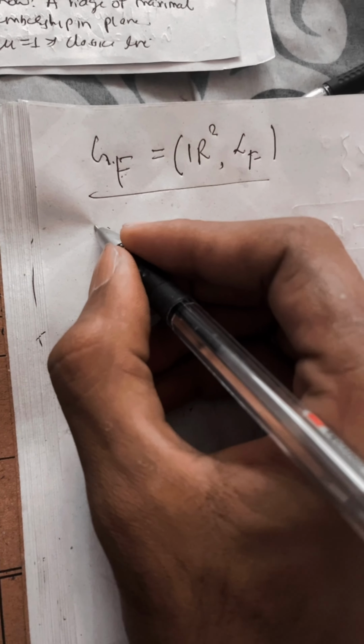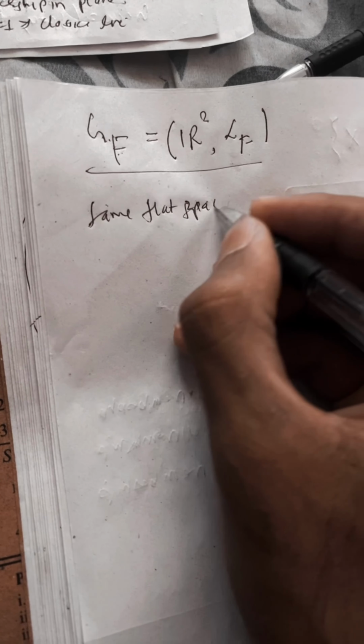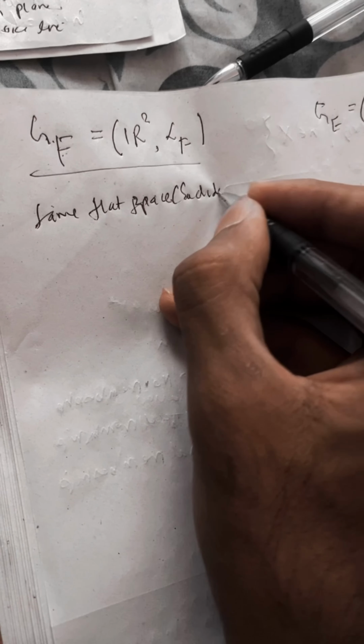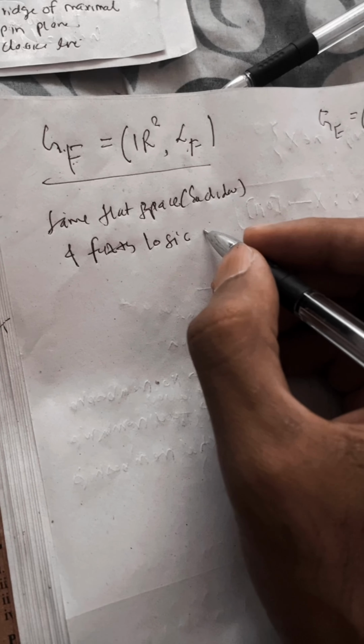Now in this we have the same flat Euclidean space, and fuzzy logic is imposed upon it. We have imposed fuzzy logic upon it.